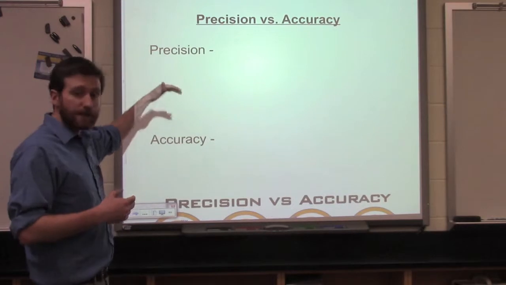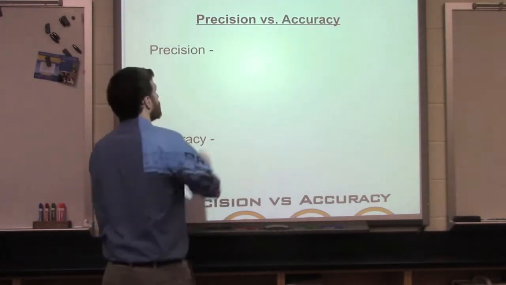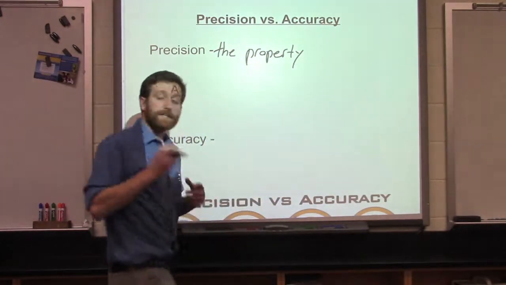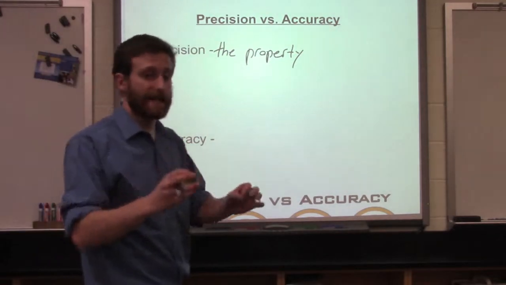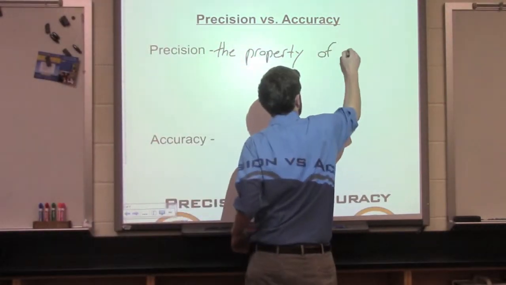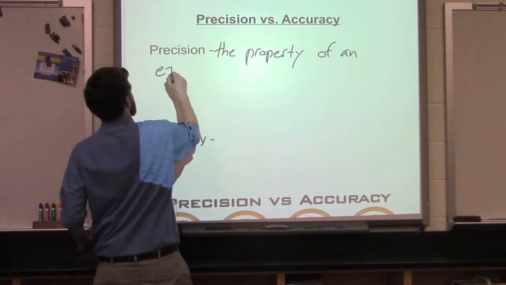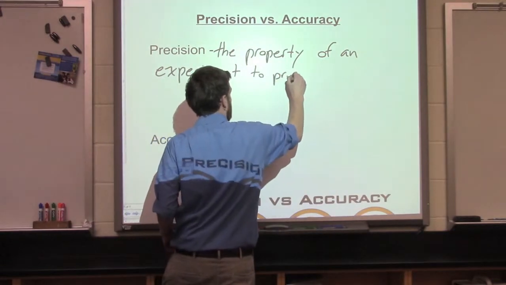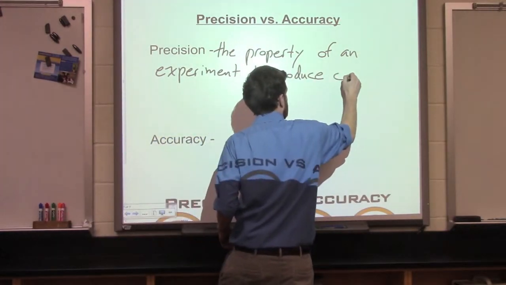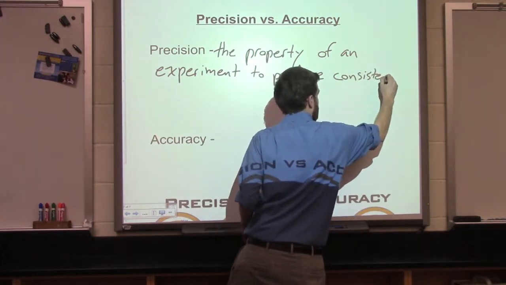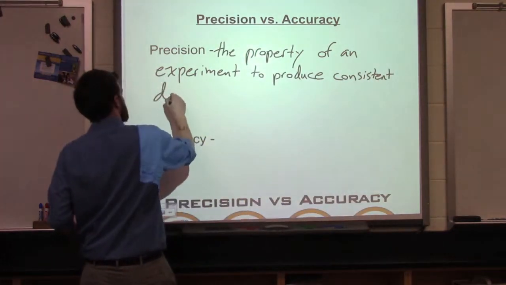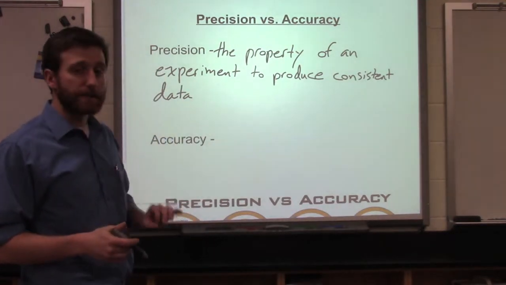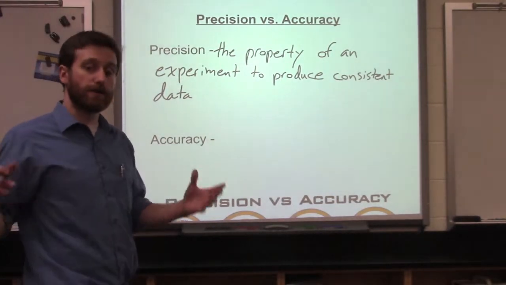So, precision is the property of an experiment to produce consistent data. Accuracy, on the other hand, is the property of an experiment to produce data close to the true value.